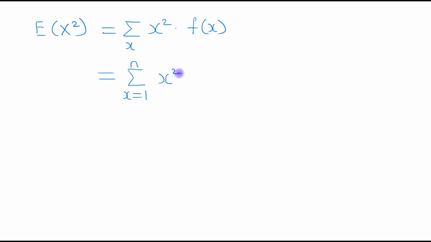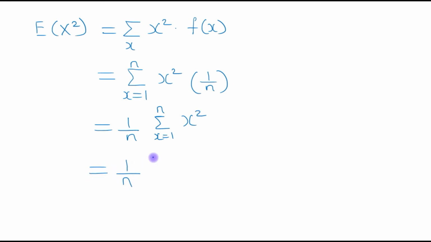So first we will calculate expected value of x square. Next step, f(x) is 1 upon n, and this will become 1 square plus 2 square plus 3 square and till n square.